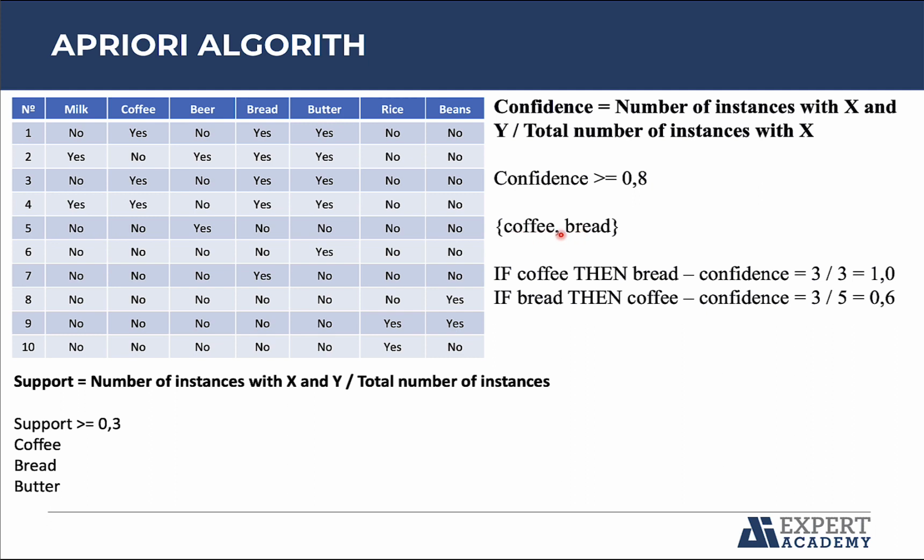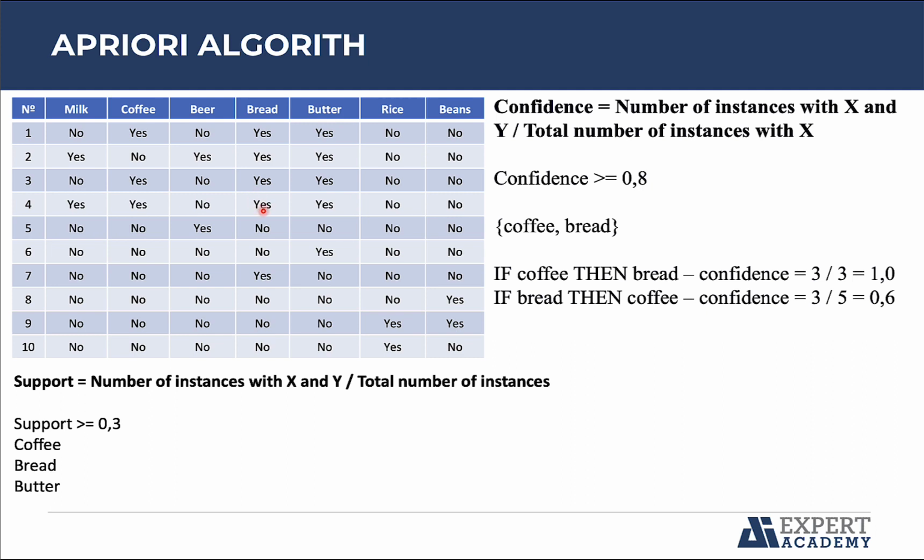The first step is to calculate the support of both items together. So we can see here, coffee and bread, they were bought in the first transaction. In the second one, coffee wasn't bought, but bread, yes. This transaction, yes, and here, yes, and yes.